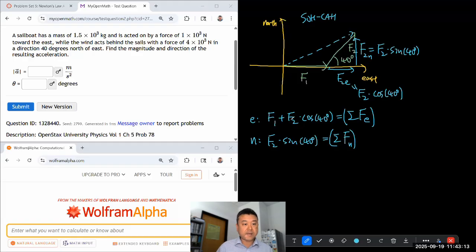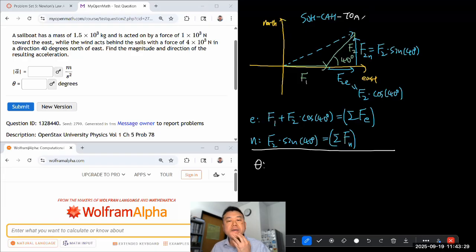Once I do, the answers that they are looking for, the angle and the acceleration, I can get this way. So for the angle, I use the TOA portion of this. Mainly, I guess here there's no real big difference either way. Still, these x and y components are earlier in the calculation.